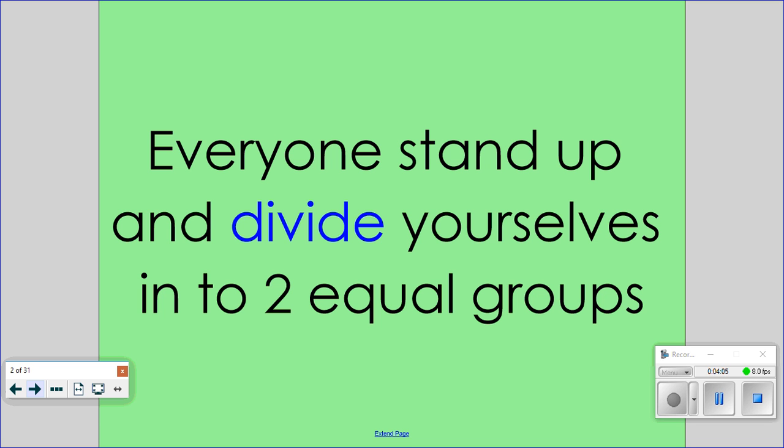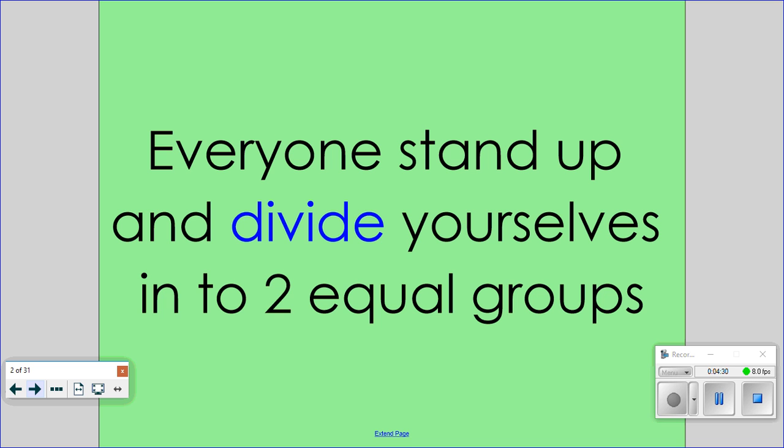No, there's 12 in each. How about we just put one person on each side and keep adding until it grows to the equal amount? We'll do the equal amount, guys.